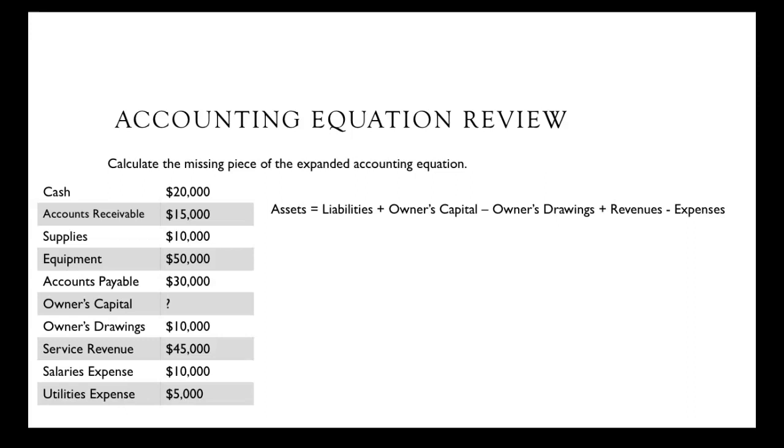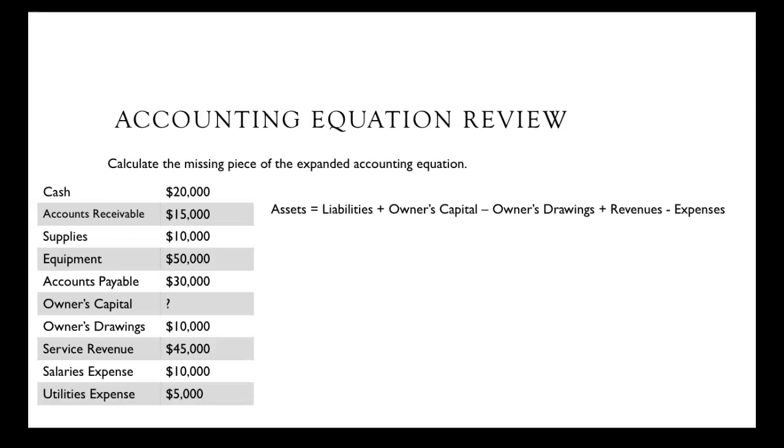So we're told that our cash is $20,000, accounts receivable is $15,000, supplies is $10,000, equipment is $50,000, accounts payable is $30,000. We are looking for our owner's capital, so we don't know that amount.